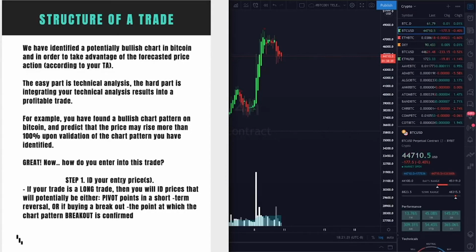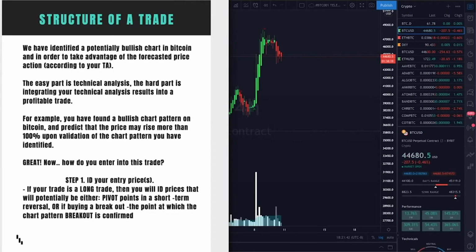Great. Now, how do you enter into this trade? You know the price is going up. How do you trade this? There are so many great technical analysts out there, but not everyone knows really how to trade, how to enter into price action, how to confront trend reversals, and spot trend continuations.